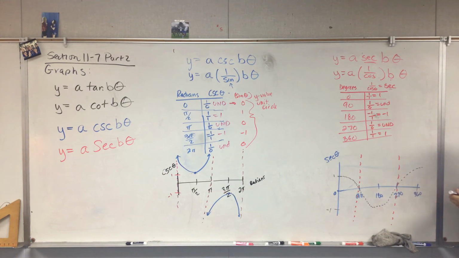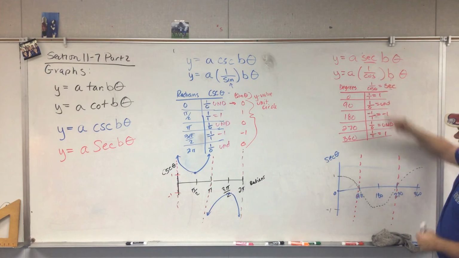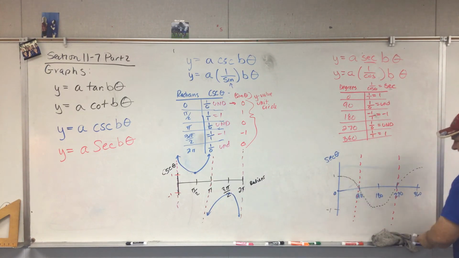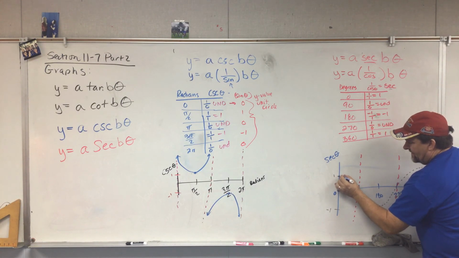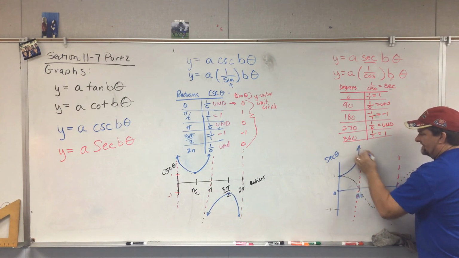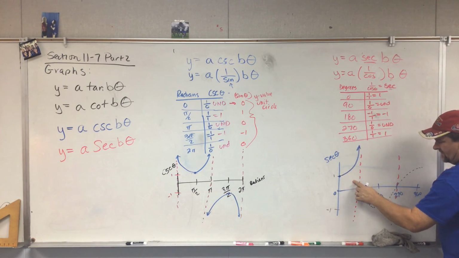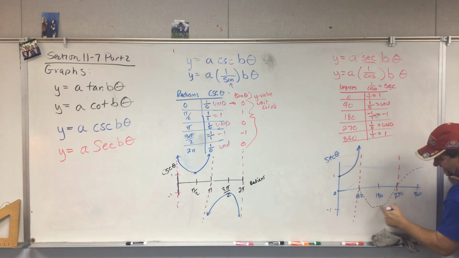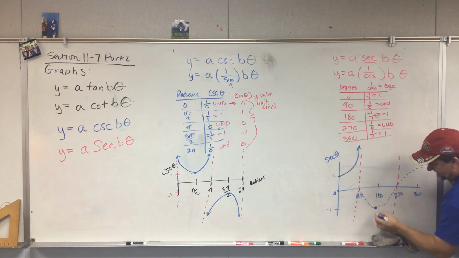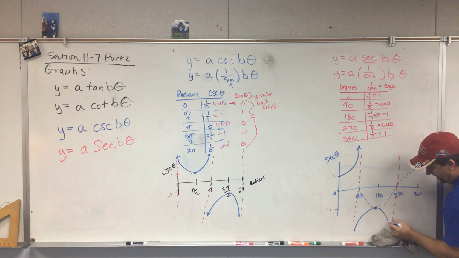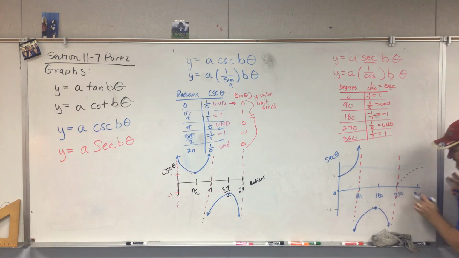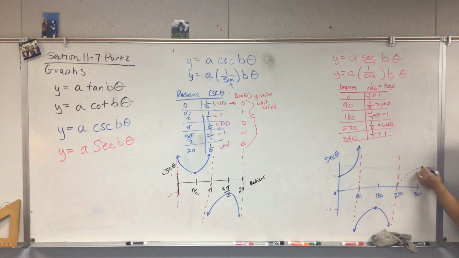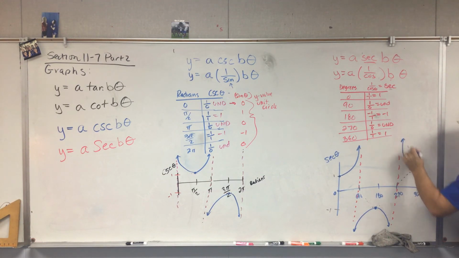But we want to graph 1 over cosine with cuts right here at the asymptotes. So this is going to get cut, and I'm going to go from here to here. So that one's gone. This one here, we cut it there, and it gets flipped over because it's reciprocal. And then the same thing here, we put our dot here, this gets cut and goes in a different direction.